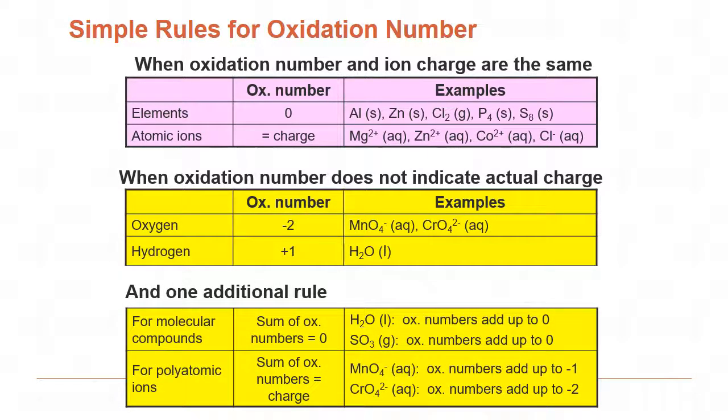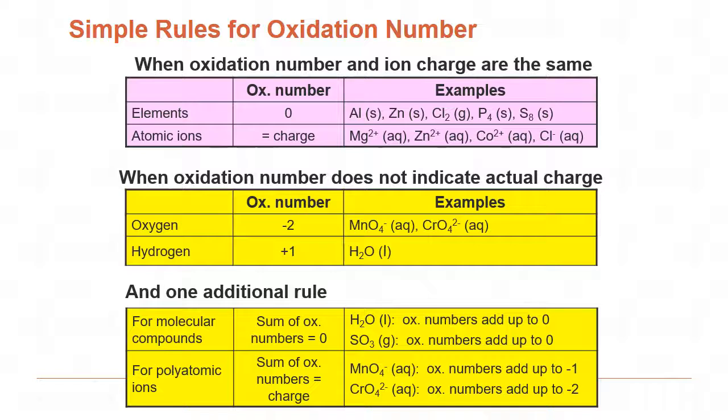If we encounter molecular compounds, then the sum of all the oxidation numbers of the atoms that are present must add up to 0. For example, if we encounter H2O liquid or SO3 gas, all the oxidation numbers that are present for those two molecular species must add up to 0. And finally, if we have a polyatomic ion, the sum of the oxidation numbers would have to add up to the charge.